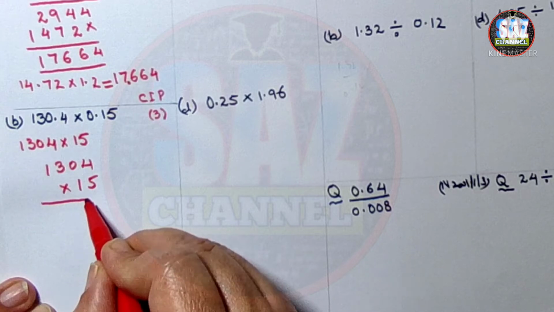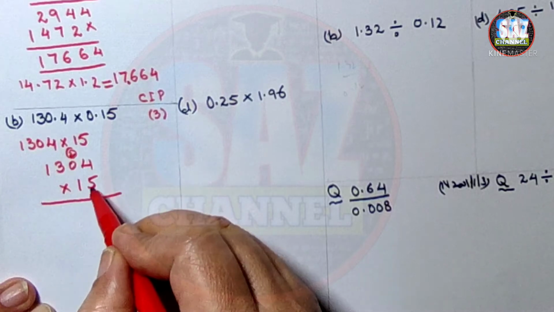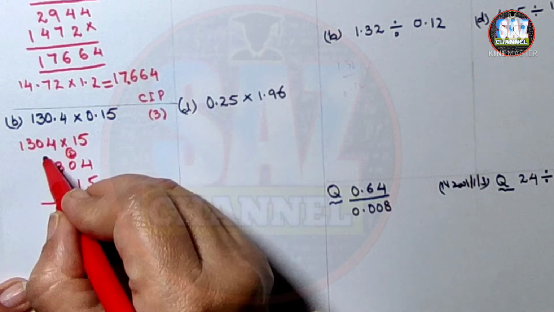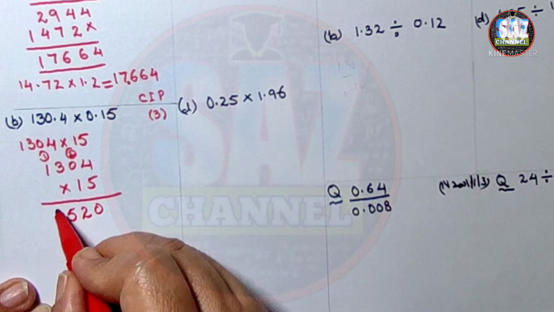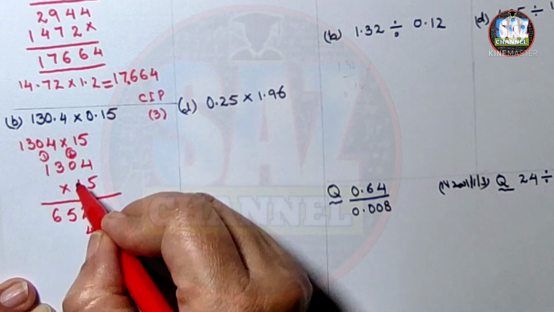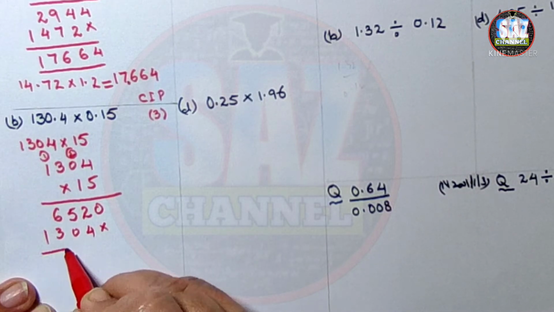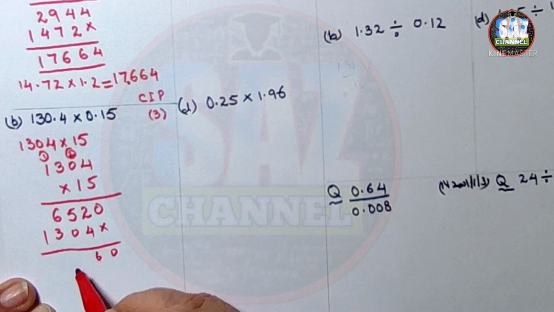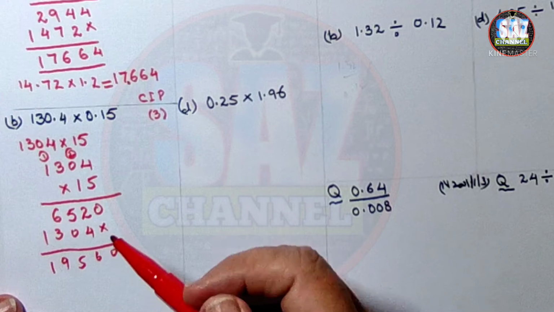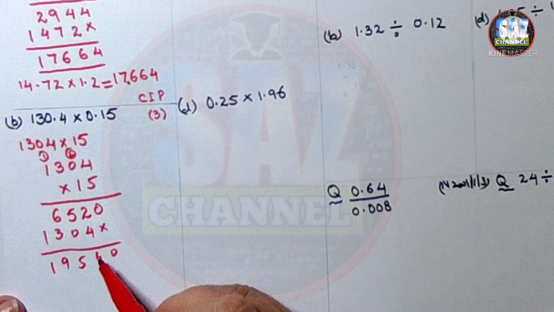Now the table of 5: 5 4s are 20, and 2 over here, 5 zeros are 0, so 20 will be coming as it is. 5 3s are 15, 1 over here, 5 1s are 5, and 1 makes 6. And now 1 times 4 is 4, 1 times 4 is 4, 1 times 0 is 0, 1 times 3 is 3, and 1. Now 0, 6, 5, 9, and 1. And now I have to count after how many digits I have to place the decimal: after 3 digits.